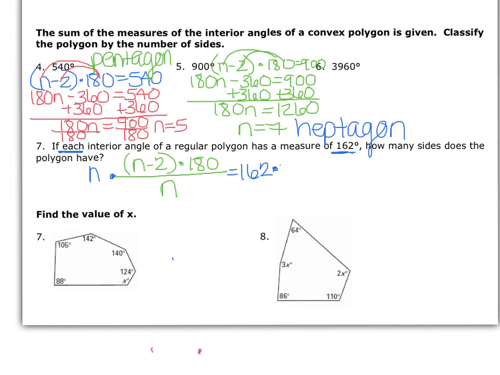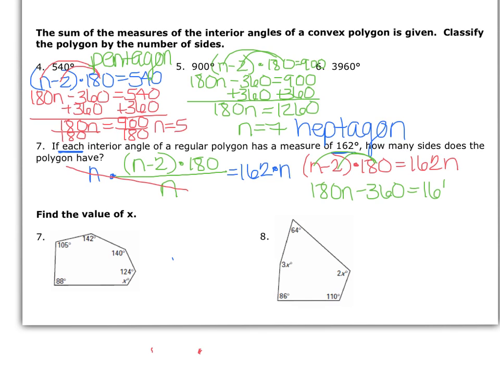So we multiply this side by n and that side by n. Those n's cancel out. So the equation we're left with is n minus 2 times 180 is equal to 162n. That doesn't look that bad. That's really doable. So let's distribute like we've been doing before. 180n minus 360 is equal to 162n.